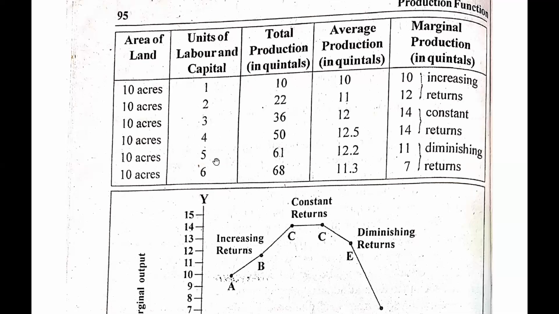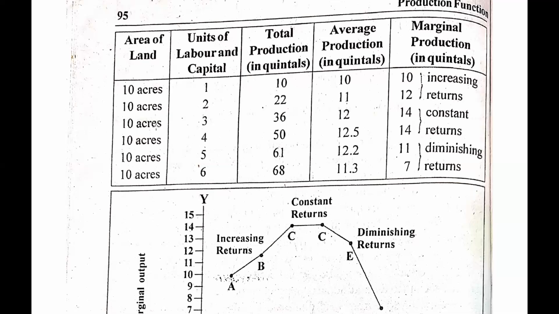And when again we increase from 5 to 6, there will be an increase in the production. So guys, we are getting an increment in the total production but at diminishing returns. So average production will be 11.3, and the marginal production will also be diminishing and will be 7.